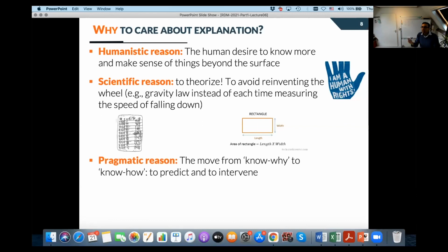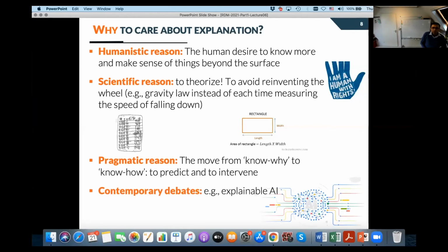I mean, there are pragmatic reasons for explanations. If we know why, then we can work on those causes in order to create the effect. If we know what causes managers to be motivated to do certain things, we can potentially play with those factors to push them, lead them, motivate them to do that. And recently in your courses as a DBI student, you are all familiar with explainable AI.